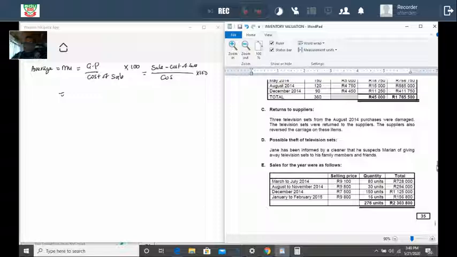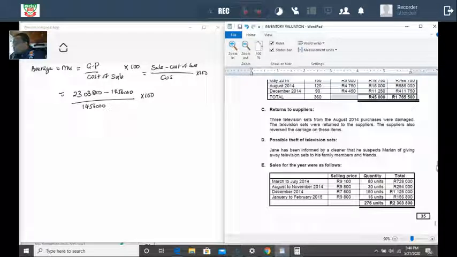We look at our total sales, which was 2,303,800, minus the cost of sales from your previous calculation, 1,456,000, all over the cost of sales, times 100. So if you do your calculation, you have approximately 58.2%. So we've calculated that.